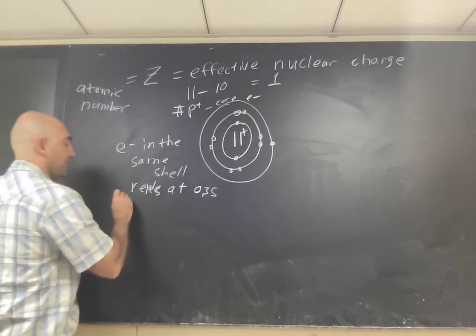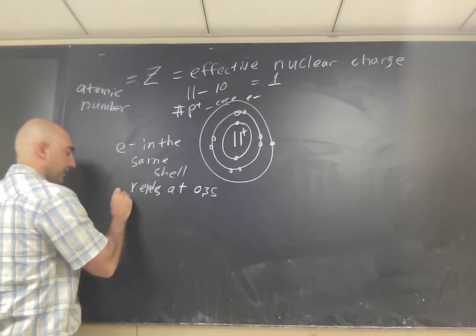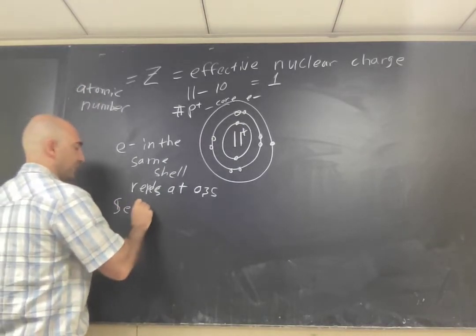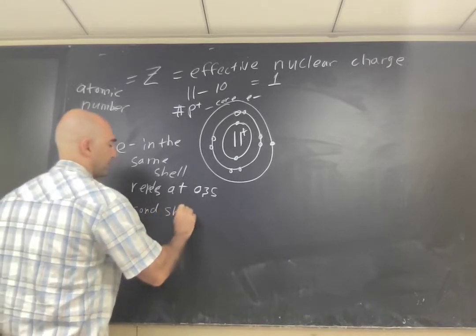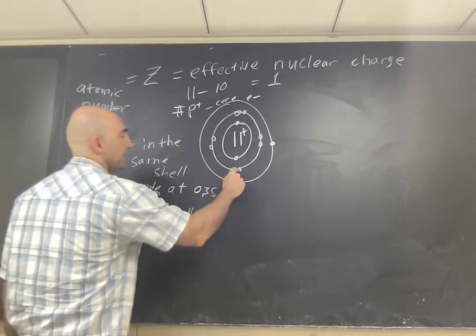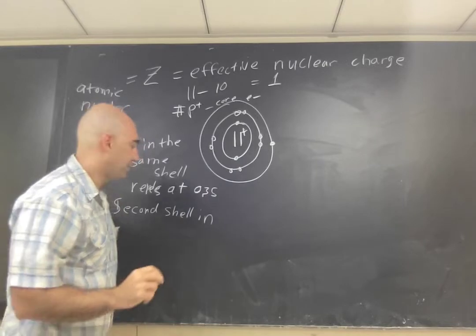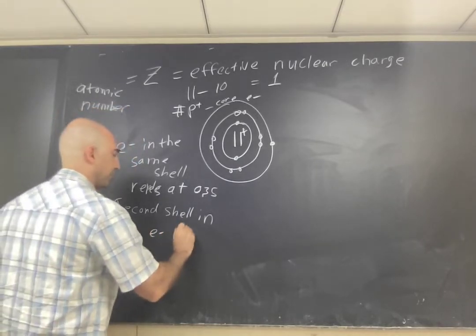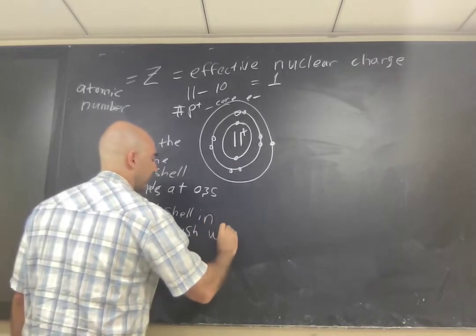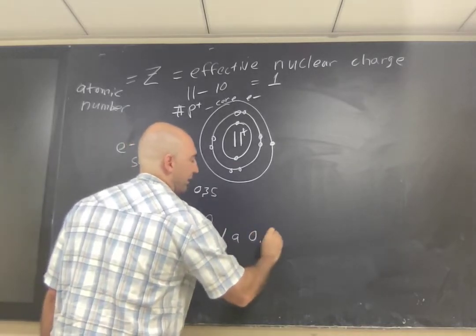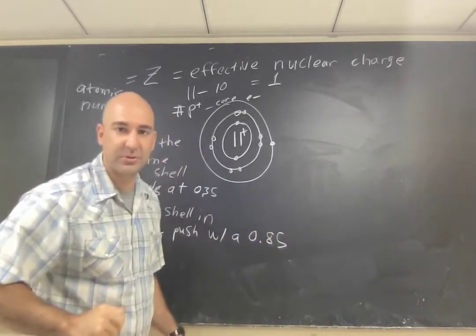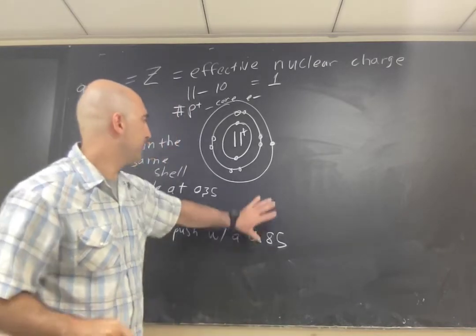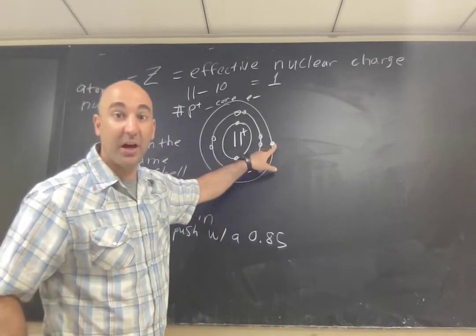And in the second shell, these electrons push that electron with a 0.85 strength. So it's not 1, it's a 0.85. So these electrons are pushing that one, but not as strongly as these ones.